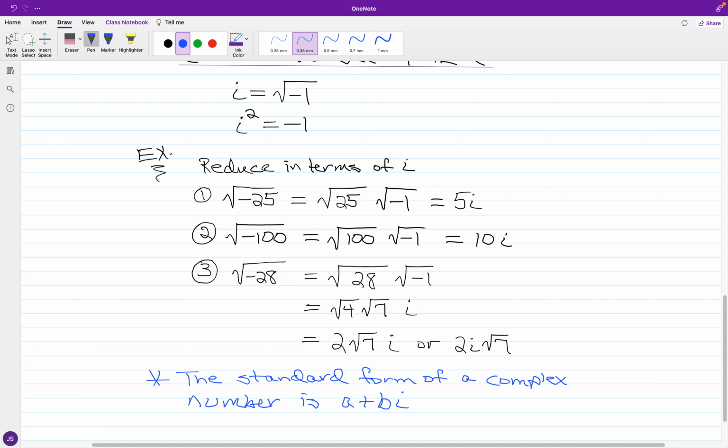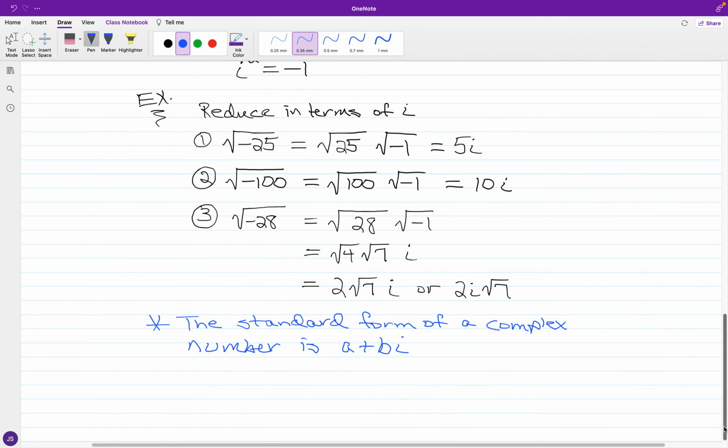For the standard form of a complex number, that is going to be a plus bi.